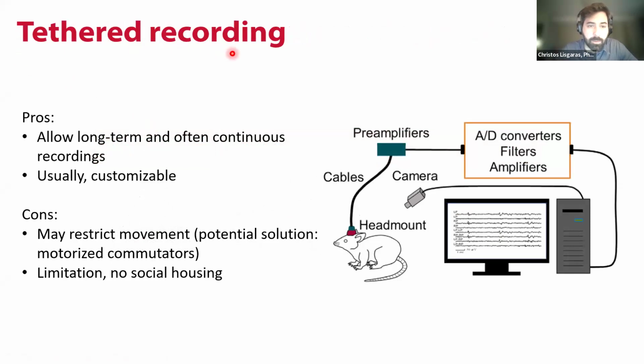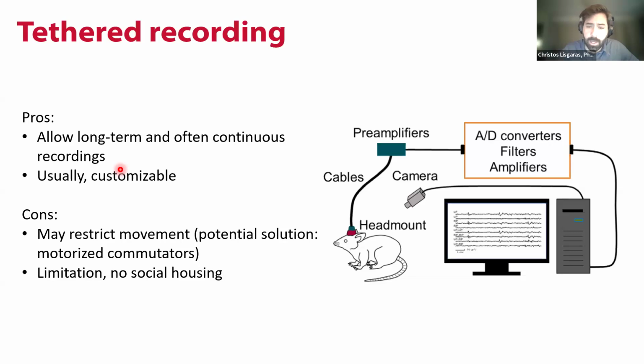The first approach that I'm going to be discussing is the tether recording that involves the use of cables that connect the animal to amplifiers. Some of the advantages of using tethered approaches is that you can record the animal for long periods of time, and they often allow continuous recordings.